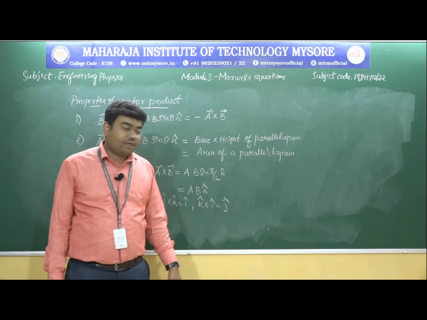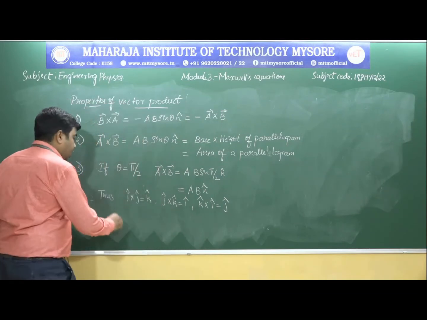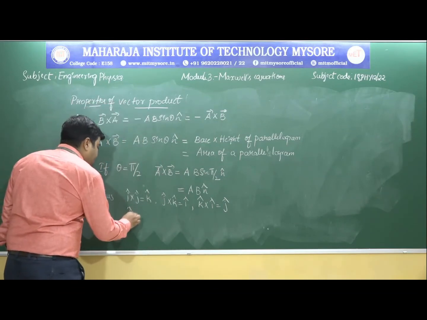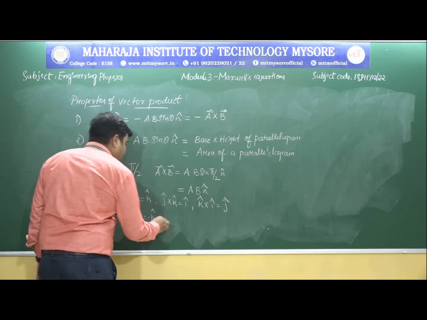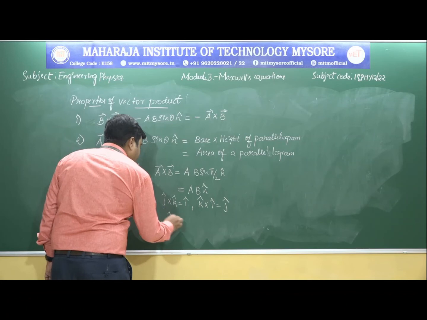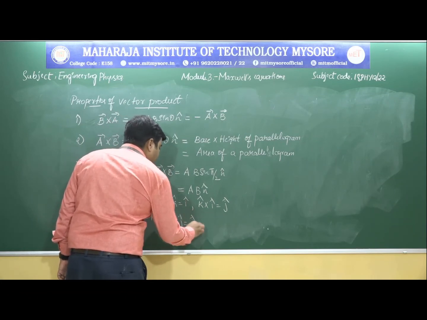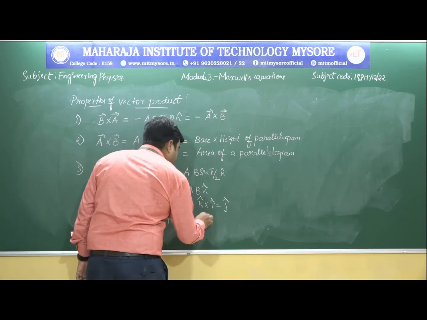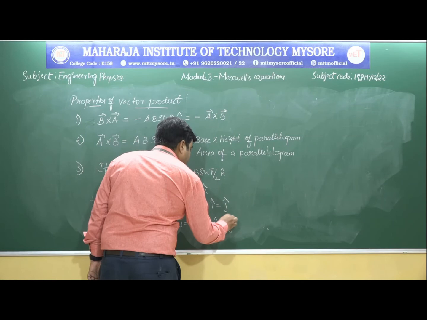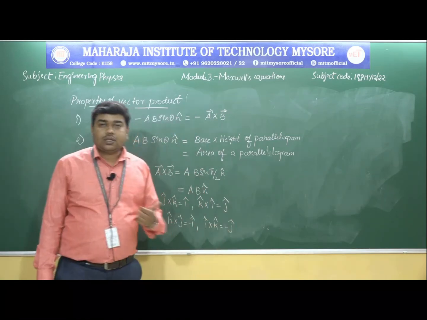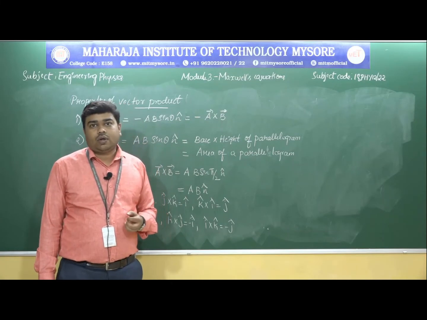What if it rotates in the clockwise direction? Then we can write j cap cross i cap is equal to minus k cap, k cap cross j cap is equal to minus i cap, i cap cross k cap is equal to minus j cap. Okay, so these are some of the properties of the vector product of any two vectors.